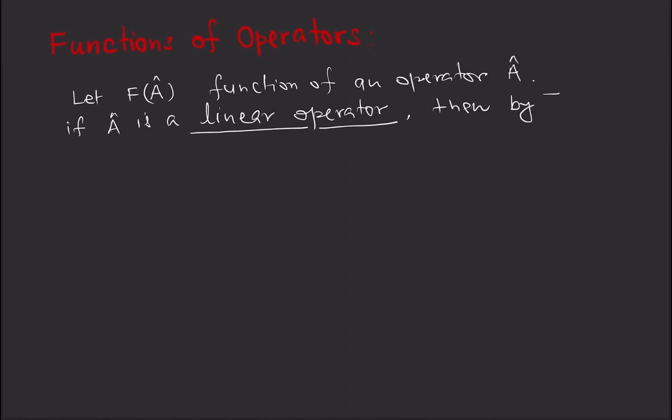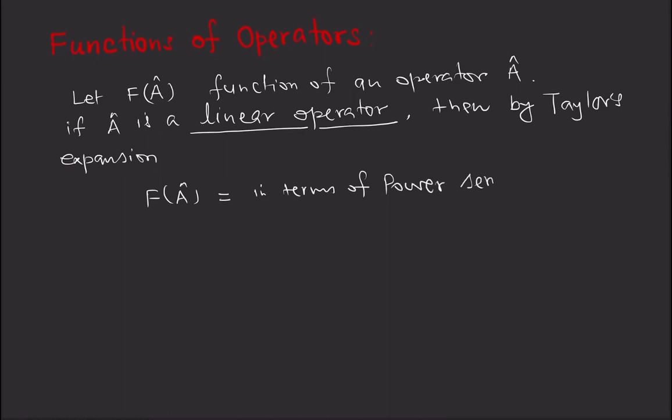by Taylor's expansion, function f(A) can be expressed in the power series in terms of operator A, that is, function f(A) can be expressed as summation n equal to 0 to infinity a_n capital A operator to the power n.